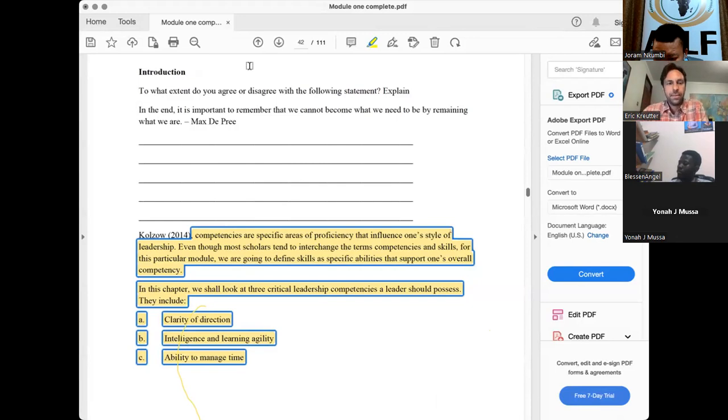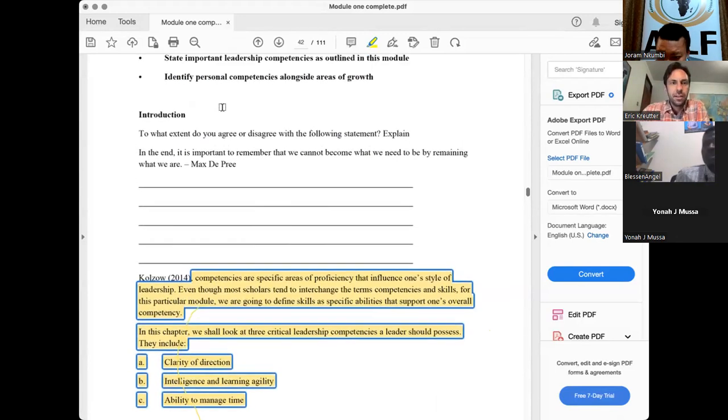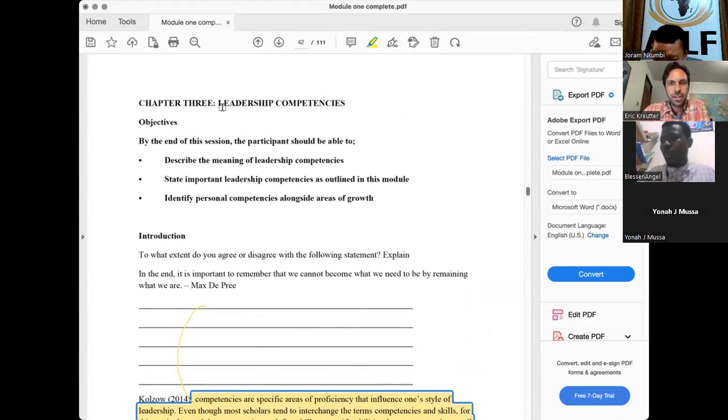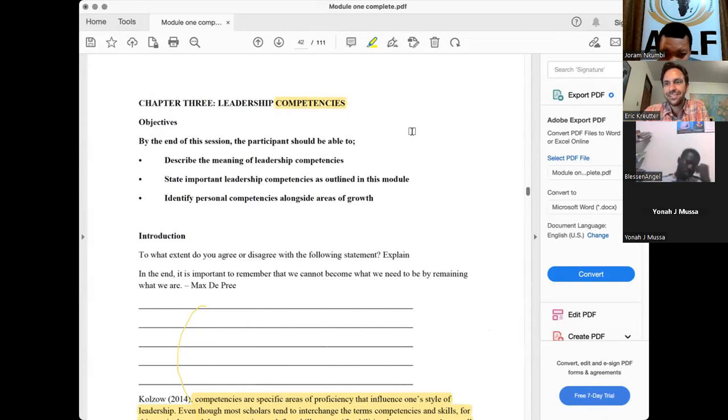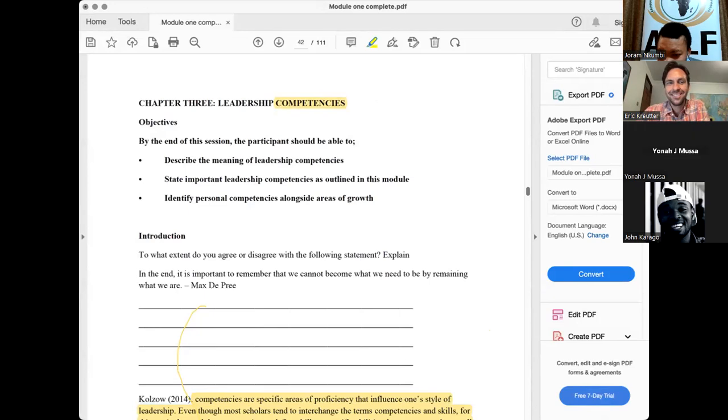So, who can tell me what a competency is? That's the big word in this lesson. What is a competency? Can someone help me with that word? Is there a Swahili translation for competency? I will say, yeah.